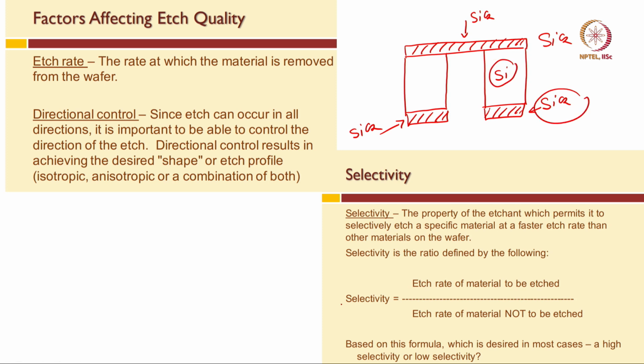That is called selectivity. The etching rate of the material to be etched, that is silicon, should be extremely high compared to the etch rate of the material not to be etched, which is silicon dioxide. Got it? So, these are the factors affecting etching quality: etch rate, directional control, and selectivity.